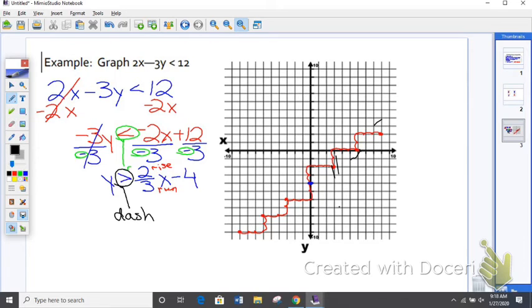That's not going to work on the board for me to do that. But you're just going to dash the line rather than make it solid. So you're going to have spaces in between.